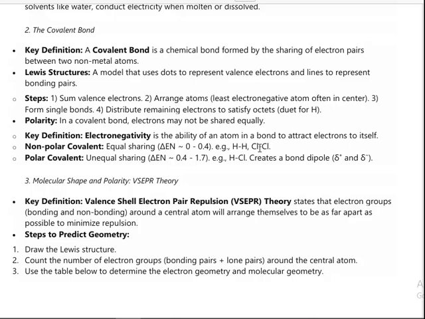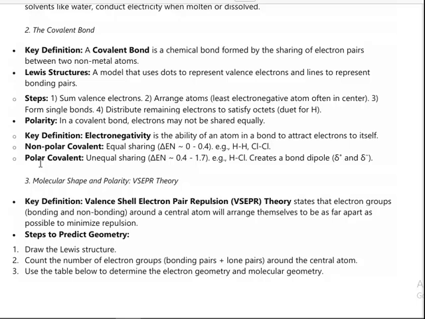So wherever I see two identical elements combining like H and H, Cl and Cl, there you have a non-polar covalent bond with equal sharing.